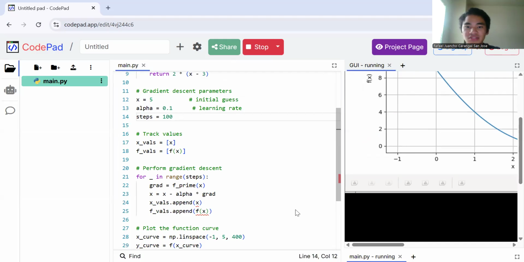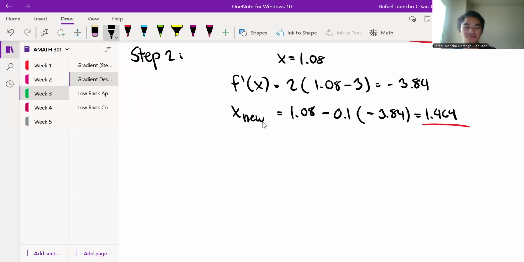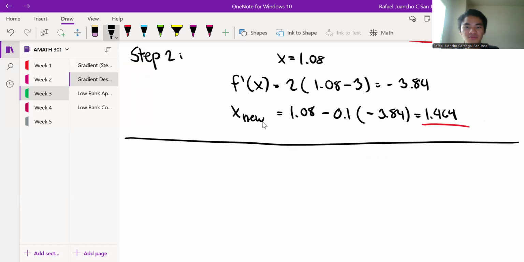Now let's move to a different example. Let's do this time something with variables. There is a visual and a clear convergence towards the minimum at x equals 3.